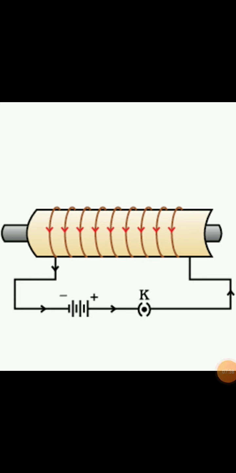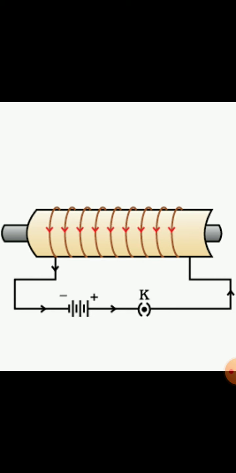A piece of soft iron is kept inside the coil. We can see clearly in the figure. It is placed inside the solenoid. And the magnet this way formed is called an electromagnet. So here is the new term for you, an electromagnet. What is an electromagnet?